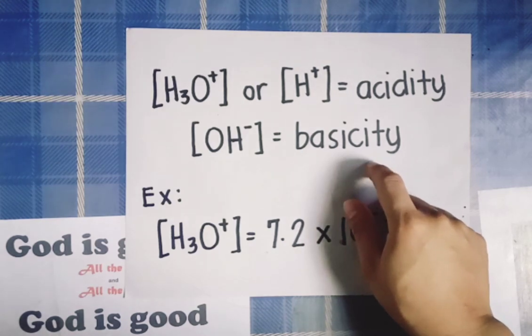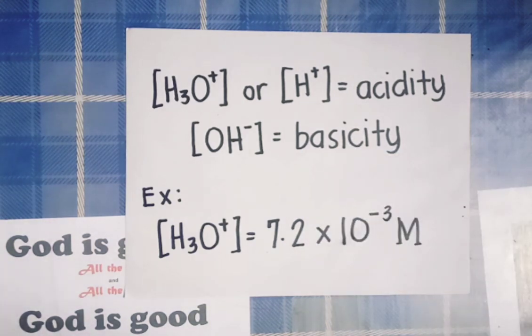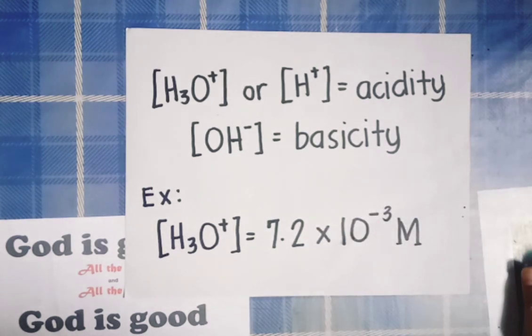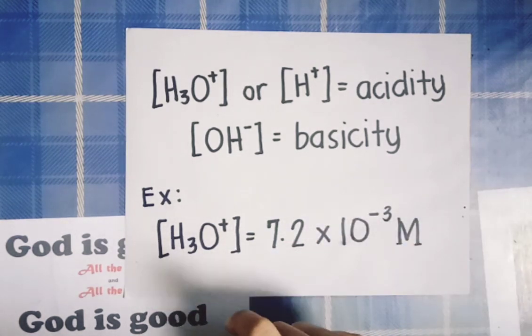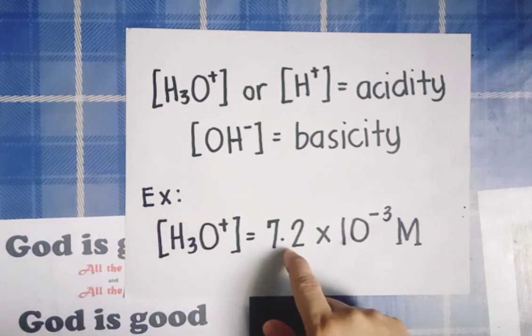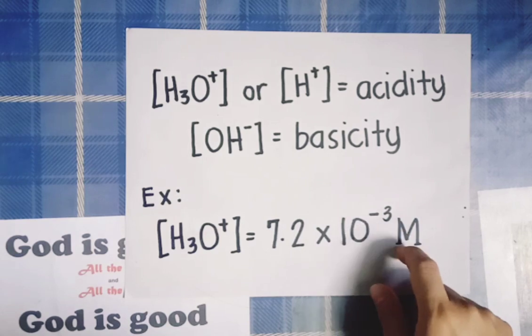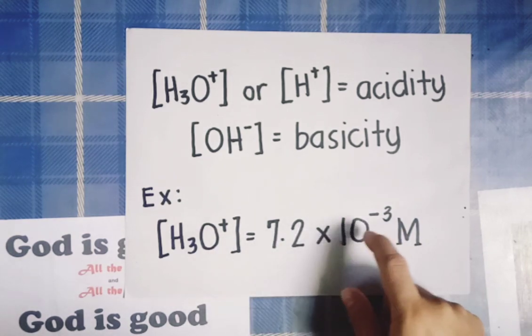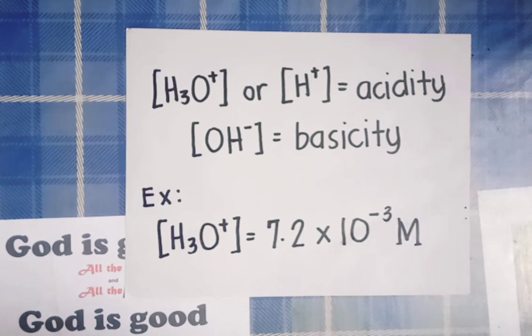the solution will be. And so, for example, if a person asked you, how acidic is this solution? And then, of course, you will reply, the acidity of this solution or the hydronium ion concentration of this solution is 7.2 times 10 raised to negative 3 molar. Now, this number here, 7.2 times 10 raised to negative 3 molar, might be a very vague number for a non-chemist person.